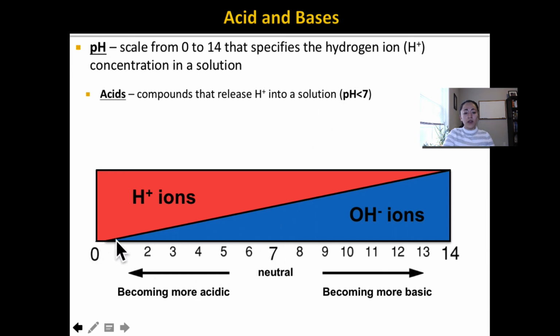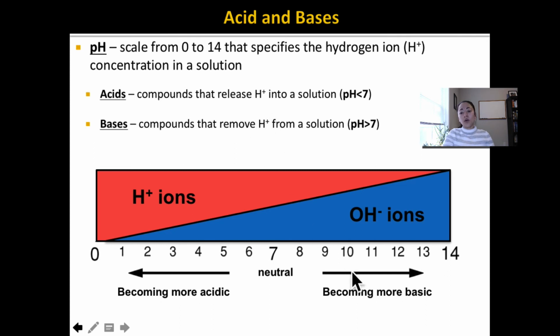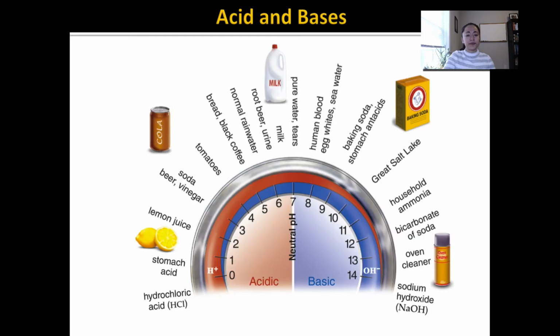The smaller the number, the more acidic it is. Something considered a base would remove hydrogen ions from the solution, or in other words, release hydroxide ions, and it would have a pH greater than 7. The higher the pH, the more basic it is.